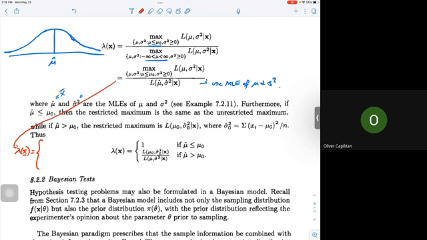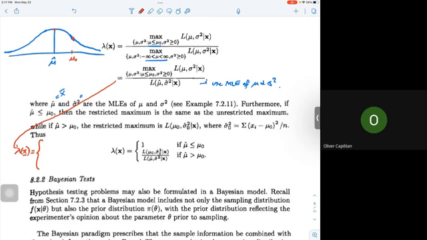Okay, so say for example, nandito yung ating mu sub 0. Diba? Kasi sabi daw natin that our mu is less than or equal to mu sub 0. Kung nandyan yung mu sub 0, ang value that would maximize our likelihood function, ito pa rin. Kasi mas maliit yung likelihood value dito sa mu sub 0.